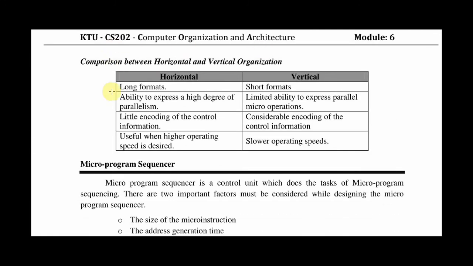Comparing the two: horizontal uses a long format, while vertical is normally short because of the coding. Horizontal can express a high degree of parallelism, but vertical has limitations since we are grouping. In horizontal, there is little or no encoding of control information; in vertical, there is considerable encoding. Horizontal is used when higher operating speed is desired, and vertical is used for slower operating speed machines.